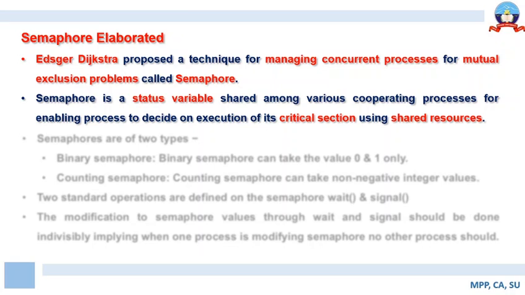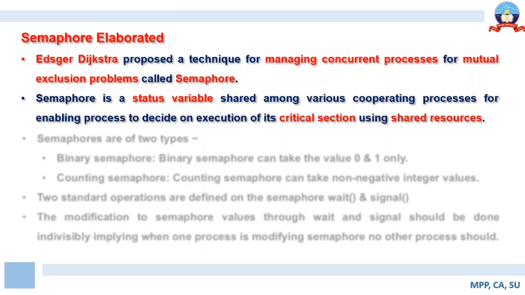As of now it may be difficult for you to understand, but just remember that a semaphore is a status variable used by all the cooperating processes in a computer system to decide whether or not to execute utilizing shared resources that are there in a computer system.